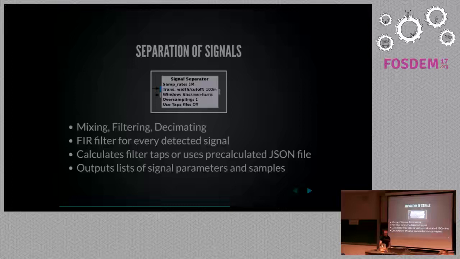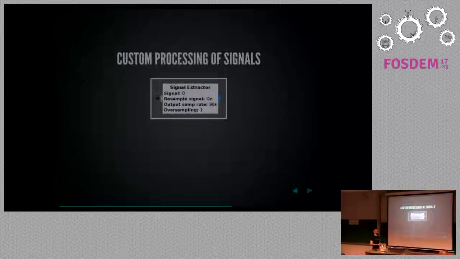Now if we want to process the signal further, we have a problem because there are nearly no blocks that would take the message format that I chose. So there is the signal extractor. What it does is it extracts the complex samples of one signal out of this message and passes them on again as a complex stream, as most GNU Radio blocks take complex stream samples.